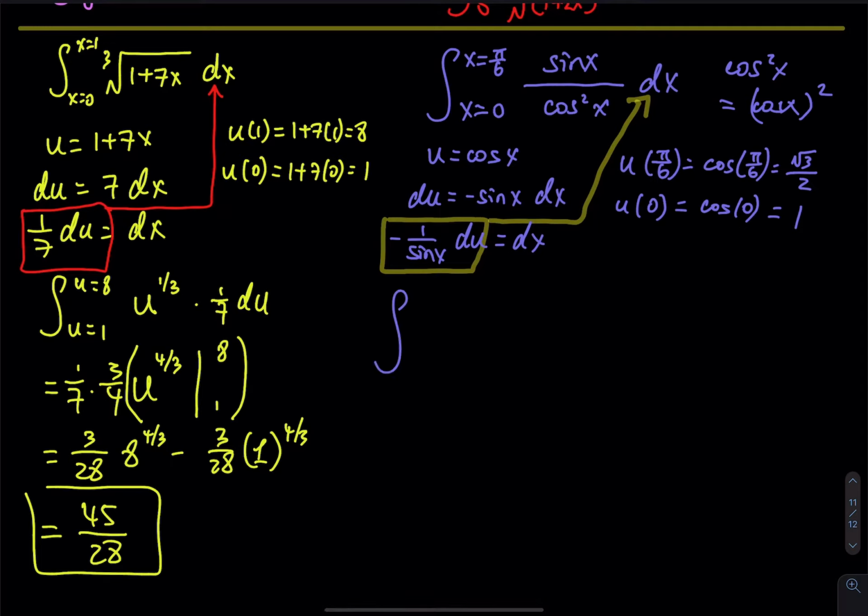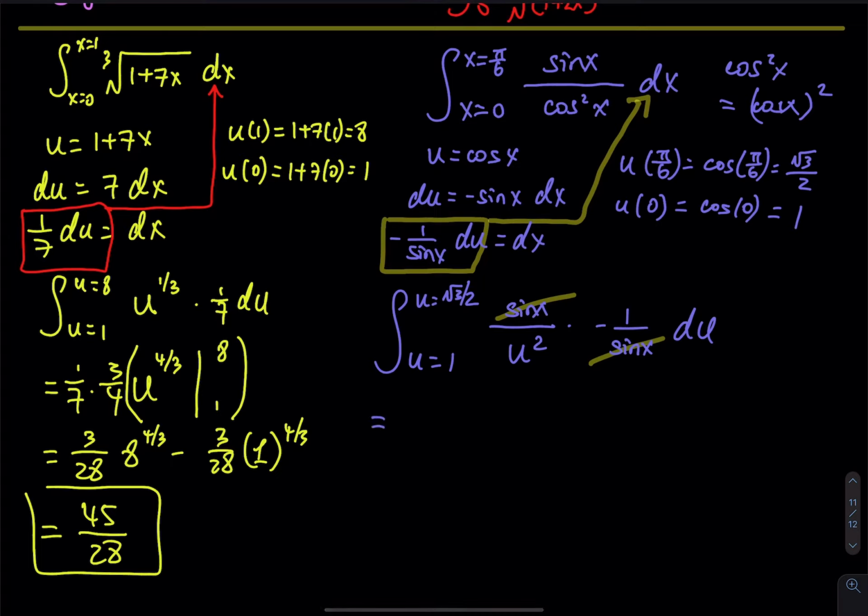So we have the integral from u equals root 3 over 2 to u equals 1, okay? And then we have sine of x divided by u squared times negative 1 divided by sine x, and then du. Of course, the sine of x got cancelled. That gives me the integral of negative 1 over u squared, right?